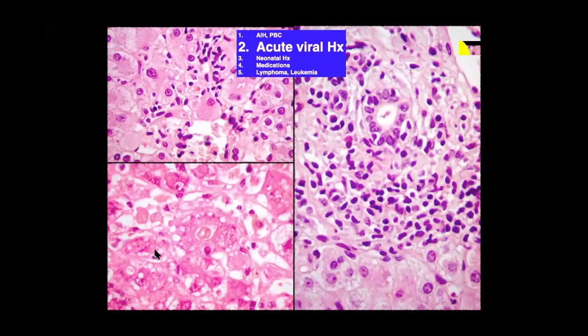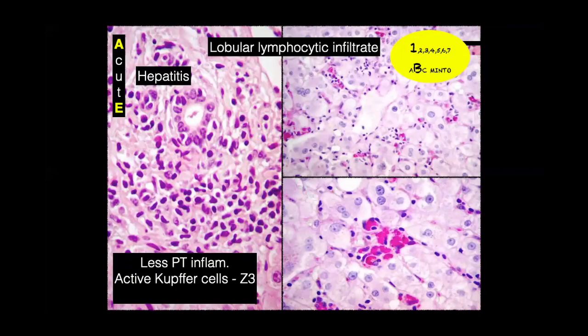And this is the high power view to show you the cholestasis and to show you the lobular infiltrate. And in addition to the lobular infiltration, as we saw yesterday, there can be portal inflammation. Portal inflammation also will be present in acute viral hepatitis. So again, these are all the pictures of acute viral hepatitis, portal inflammation.